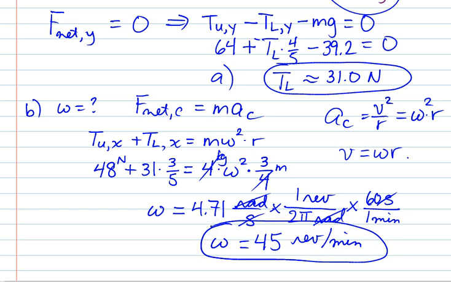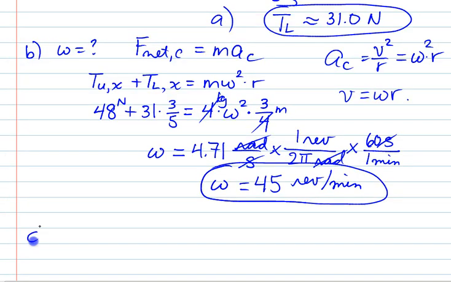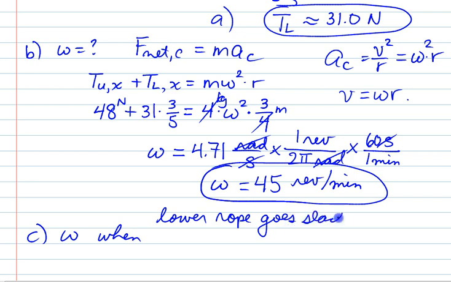So now, part C says, what is omega when the lower rope goes slack? So we have to interpret what that means. When the lower rope goes slack, that's the same thing as saying T lower tends to 0.